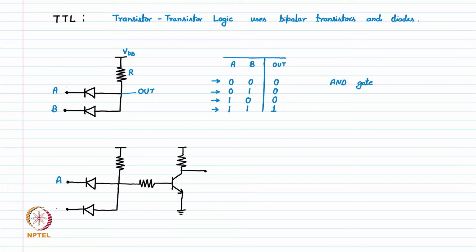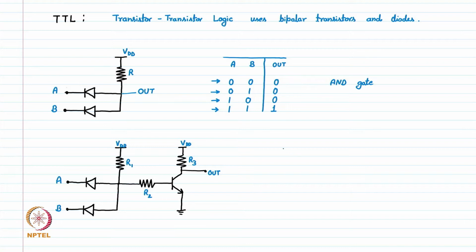This is signal A, this is B, this is VDD, this is R1, this is R2, this is R3, and this is signal out.